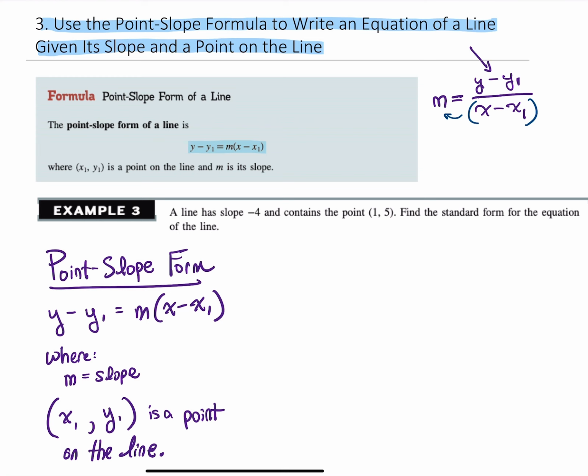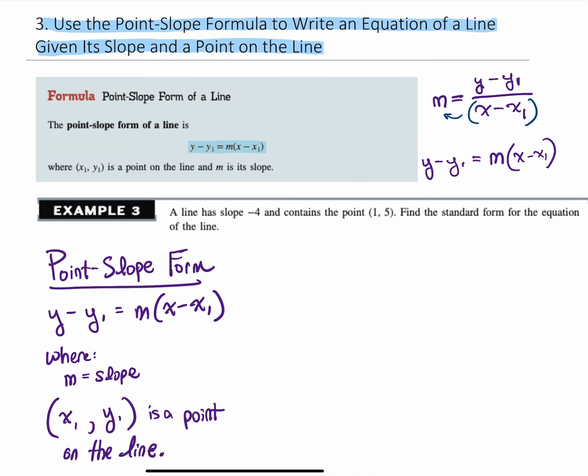we'll have y minus y1 on one side, and I'm going to write that on the left side now. I'm just going to mirror image the equation. And then on the right side, we had m, and it's going to be multiplied by that denominator, x minus x1.